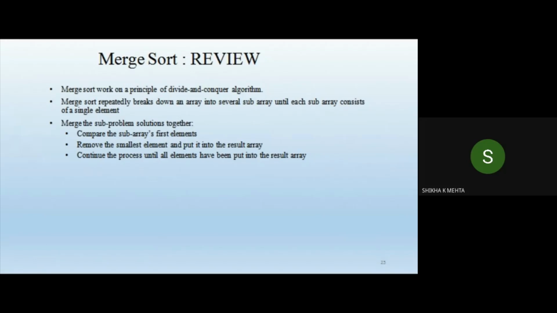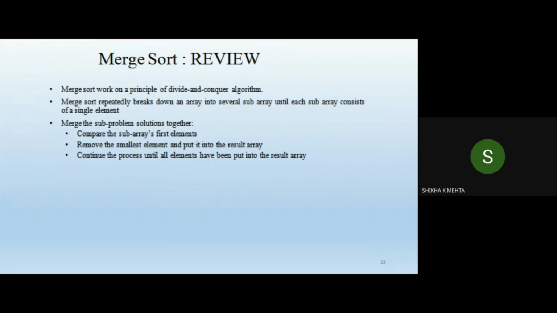During the merging, we are comparing the elements. Like we have two arrays, one having the element 2 and another having the element 5. When we combine them, they will be placed in the order 2 and 5. Otherwise, let us say array 1 has the number 5 and the other array has the number 1.